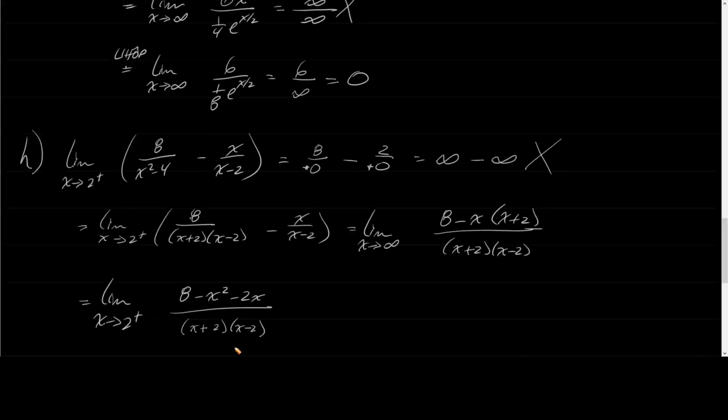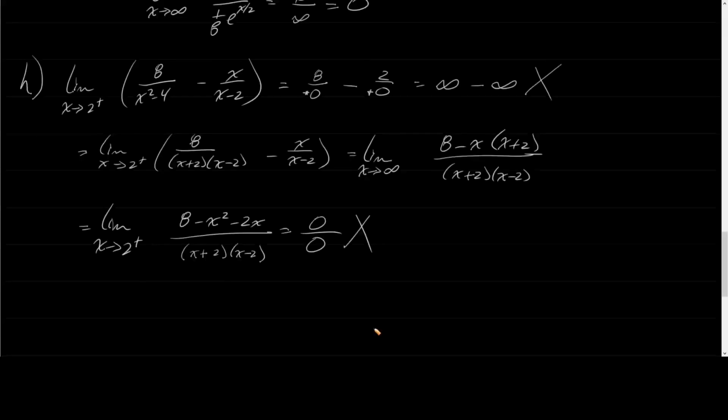If I plug in 2 squared, 4. 2 times 2, 4. 8 minus 4 minus 4, 0. If I plug in 2 on the bottom, 4, 0. 4 times 0 is 0, so I have 0 over 0. So now that I've got this fraction of 0 over 0, now I can actually apply L'Hopital's rule.